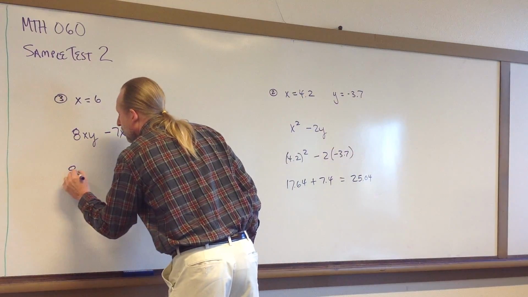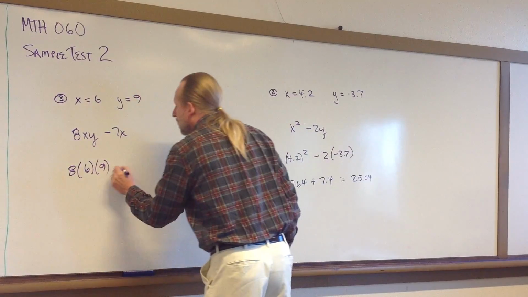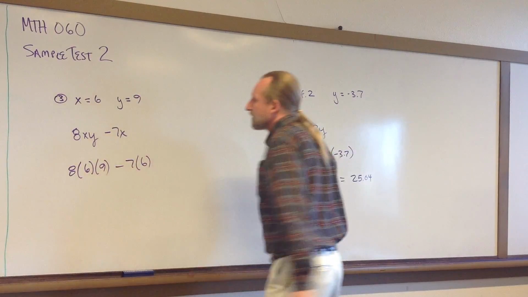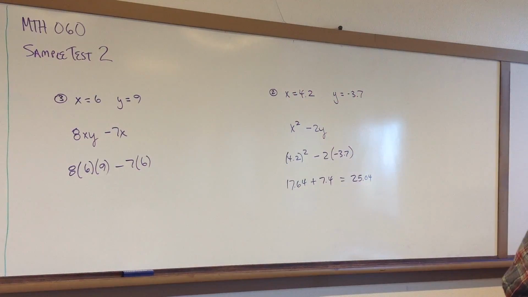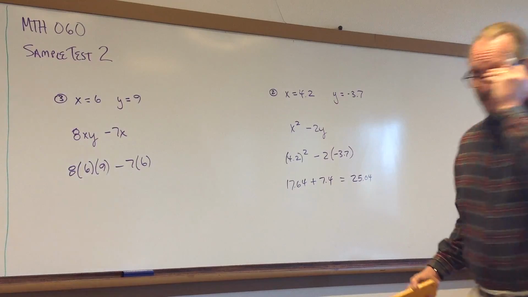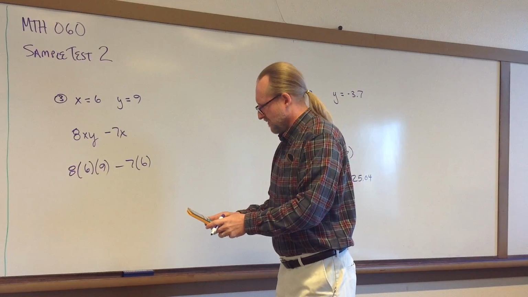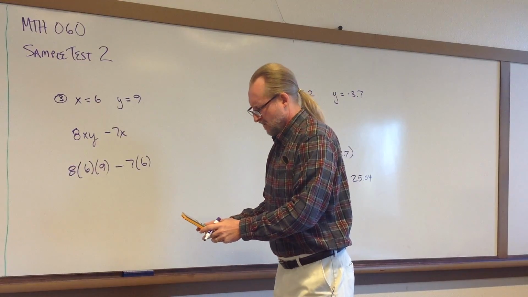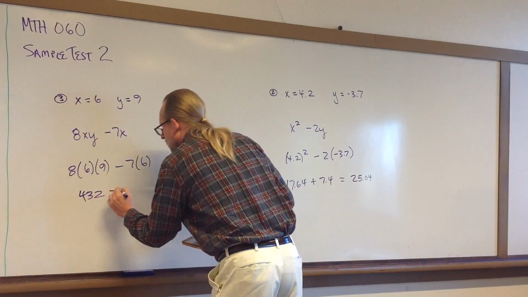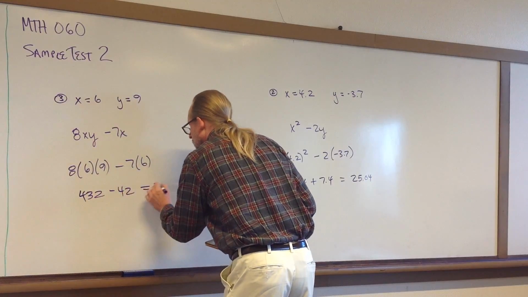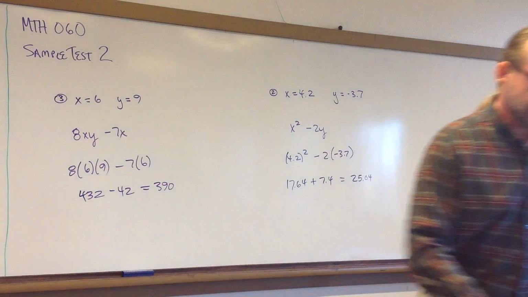Okay, so plug in the 6 for the x and the 9 for the y. And then plug in the 6 for the x there. Let's see here. 8 times 6 times 9. 400 and, let's see, 30. My guess is 432, but I think I'm off by a little bit here. Oh, no, 432. Okay, minus 42 should give us 390. Okay.